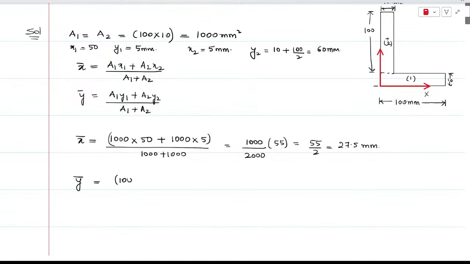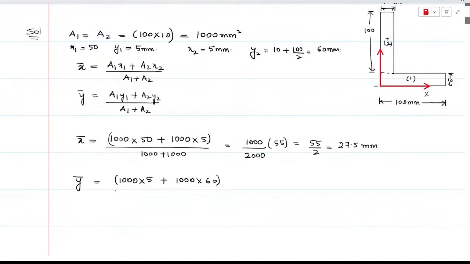That is 1000 into the value of y1, which is 5, plus the value of a2, which is 1000, and y2 is 60, the whole divided by the area, which is a1 plus a2.